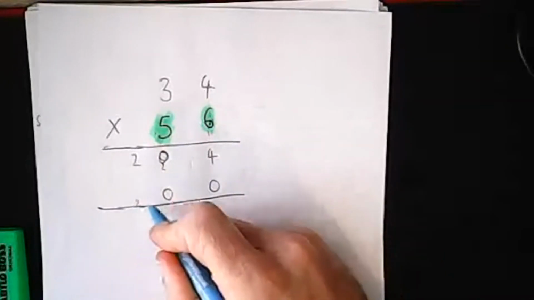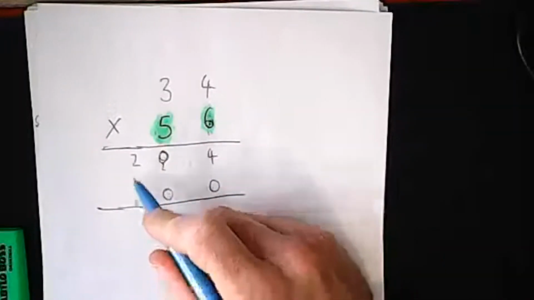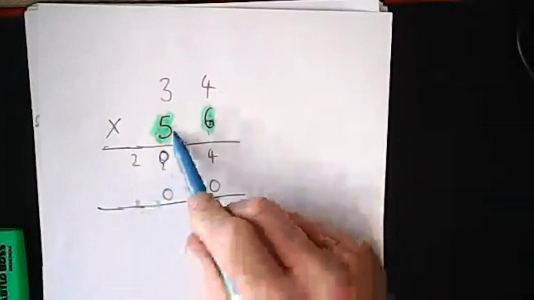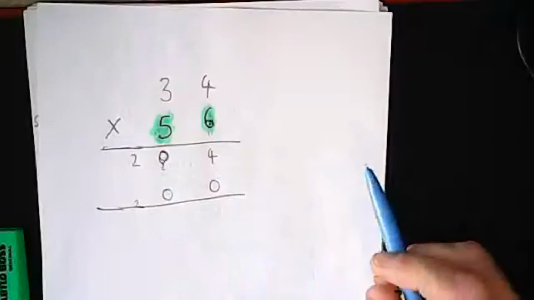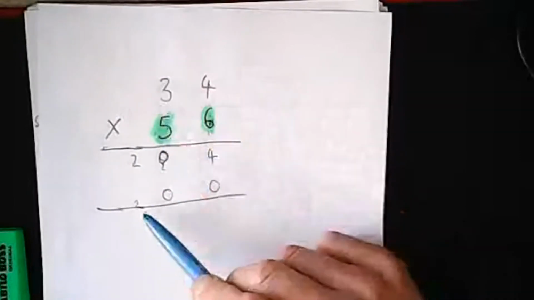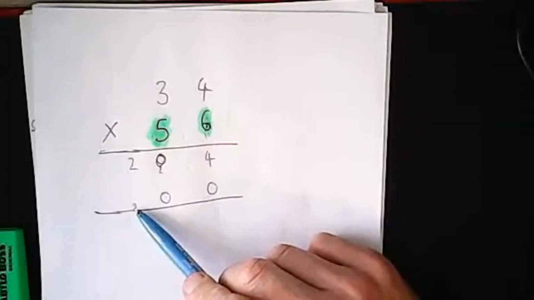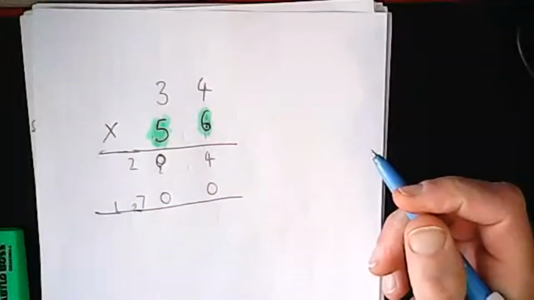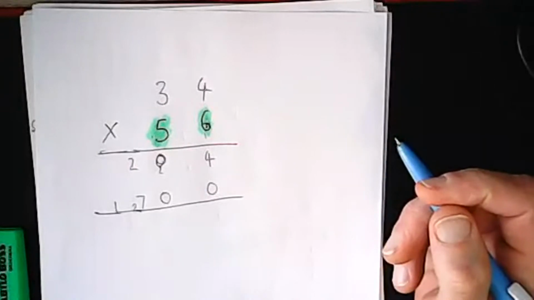So put the naught down, put the 2 there for 200. We're not putting it in the full bit because we've got to do this 5 threes bit first. So 5 threes are 15 with the 2, 150, 160, 170. So that's 17, 170, well 1,700 actually.